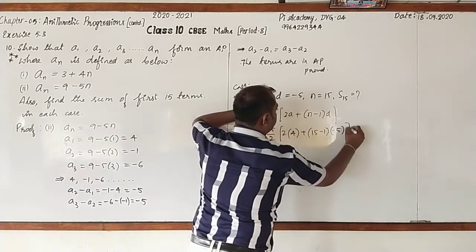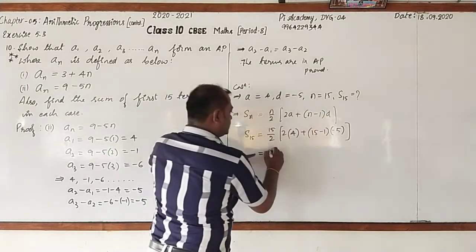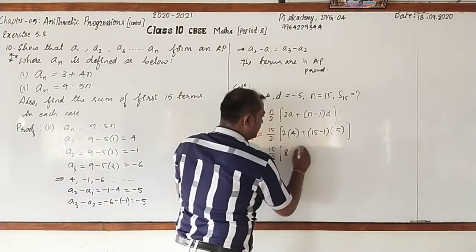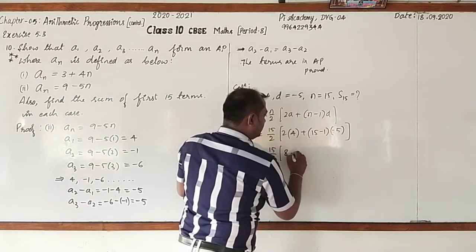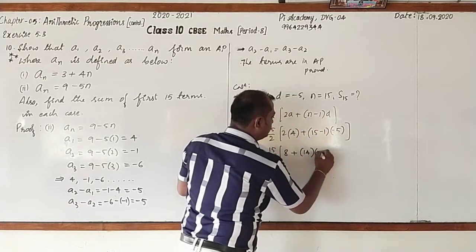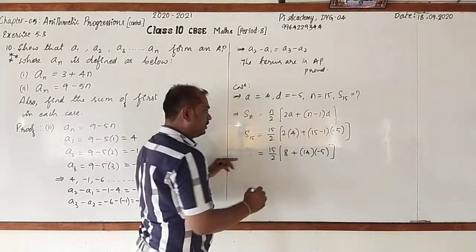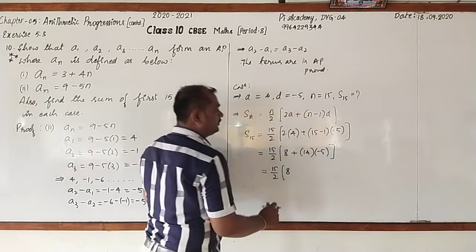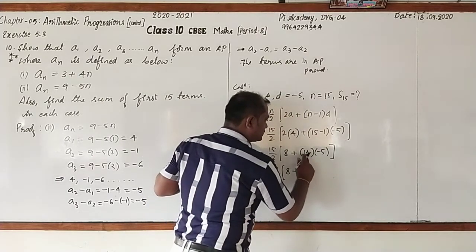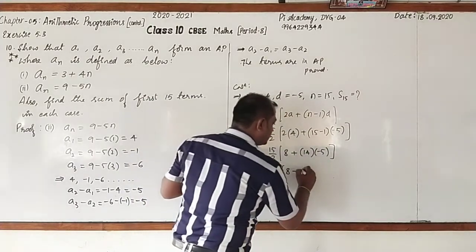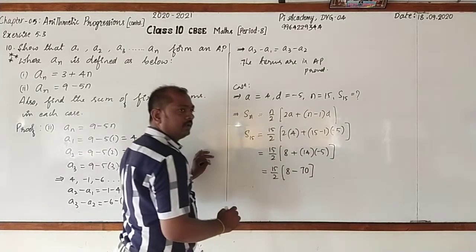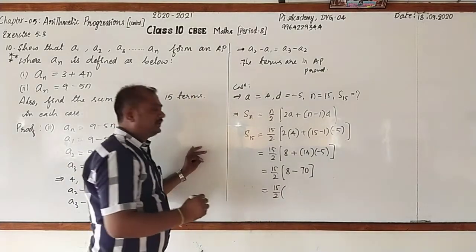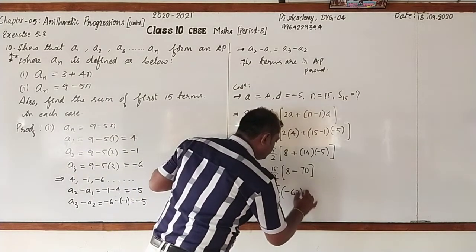d is minus 5. It is equal to 15 by 2 as it is, multiplied by 2 4s are 8, then 15 minus 1 is 14, 14 into minus 5. This is equal to 15 by 2 into 8 minus 14 5s are 70. Now this is equal to 15 by 2 into 8 minus 70, which is minus 62.